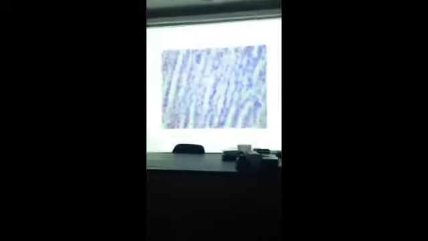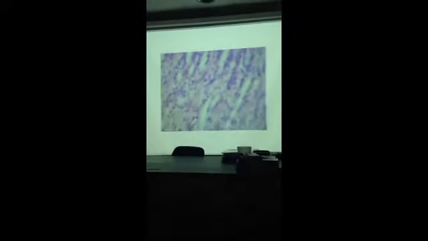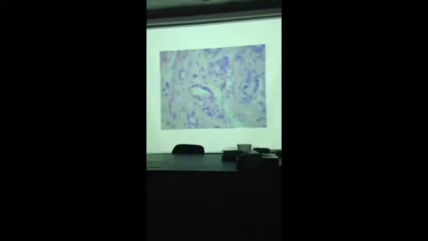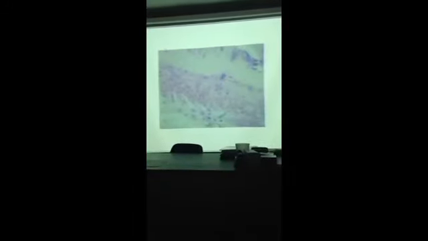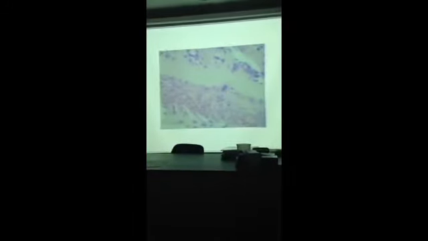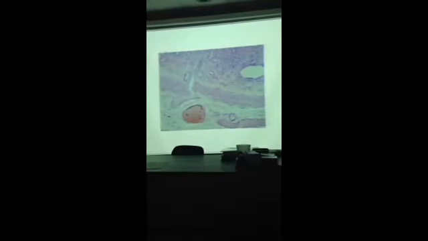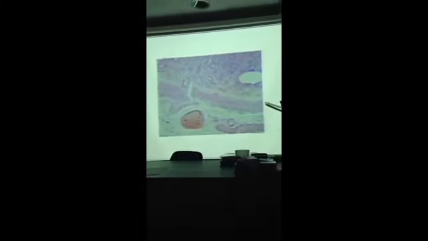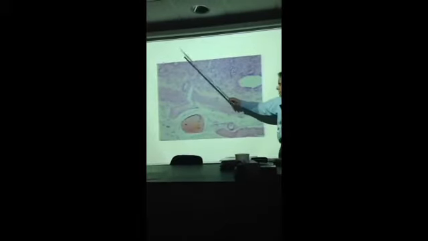Okay? So this is the mucosa again. And we go deeper. And at the end here, we've got a band of smooth muscle. And smooth muscle then, okay, what's that called?